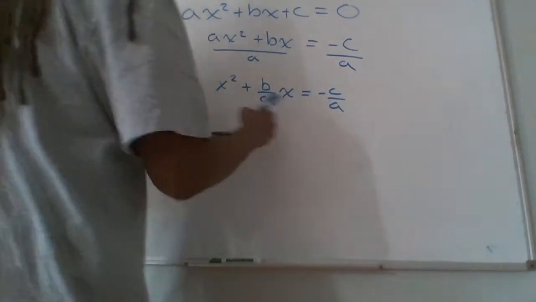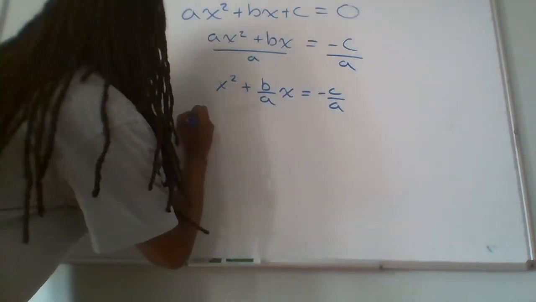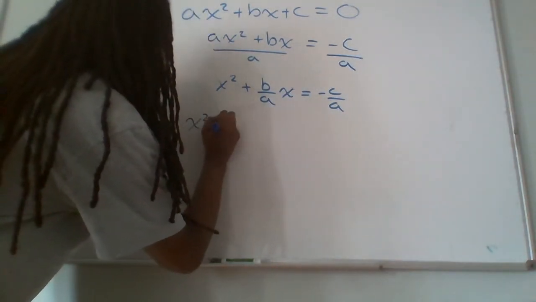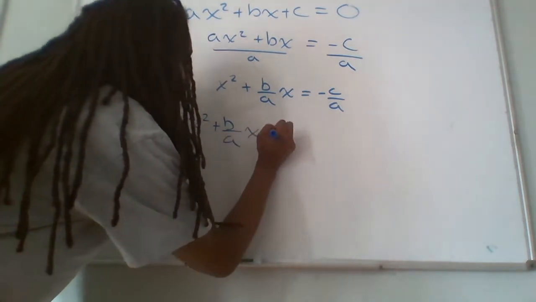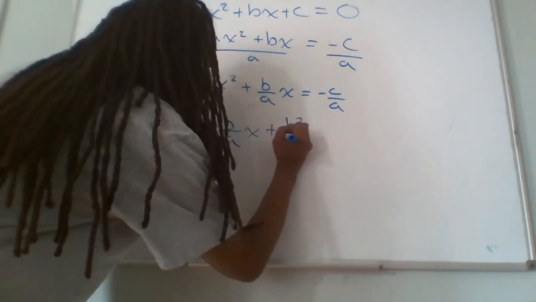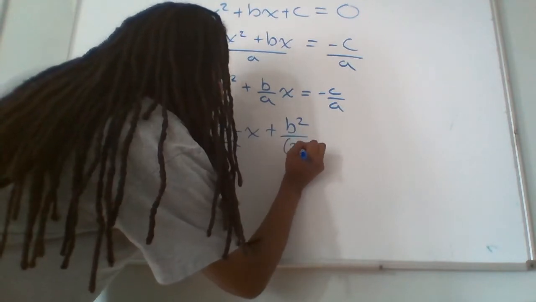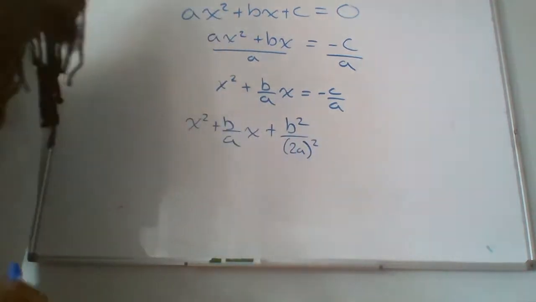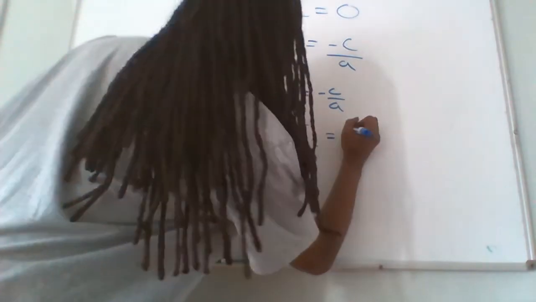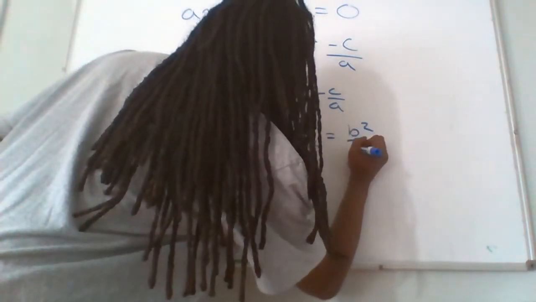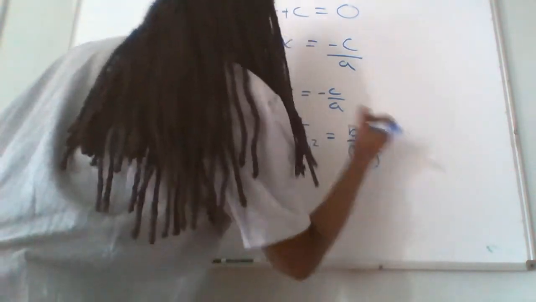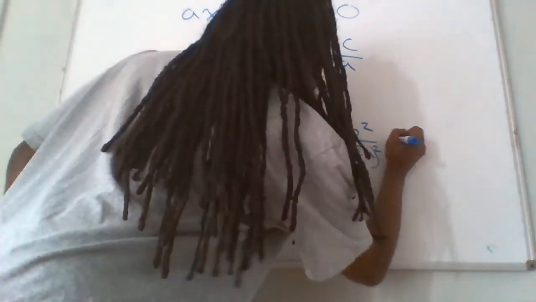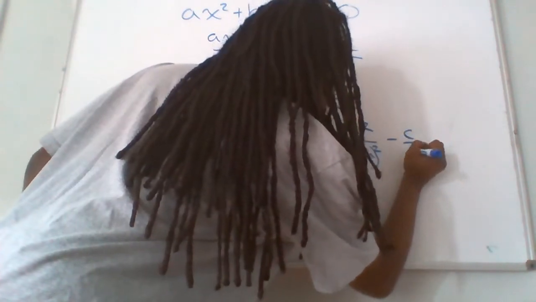So we'll add it to this side, so we get x squared plus b over a x plus b squared over 2a squared is equal to b squared over 2a squared minus c over a.